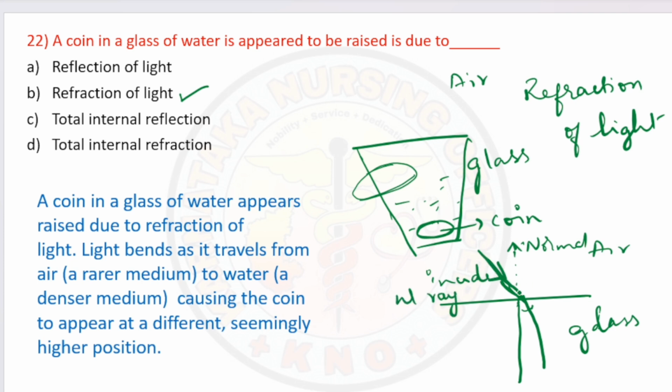When a light ray enters a glass medium, that is from air to glass, or from a rarer medium into a denser medium, the light bends towards the normal. It's called refraction. So that bending of light towards the normal whenever it passes from a rarer medium into a denser medium is called refraction of light. Due to this mechanism, the coin in a glass of water appears to be raised. Okay? So next question.